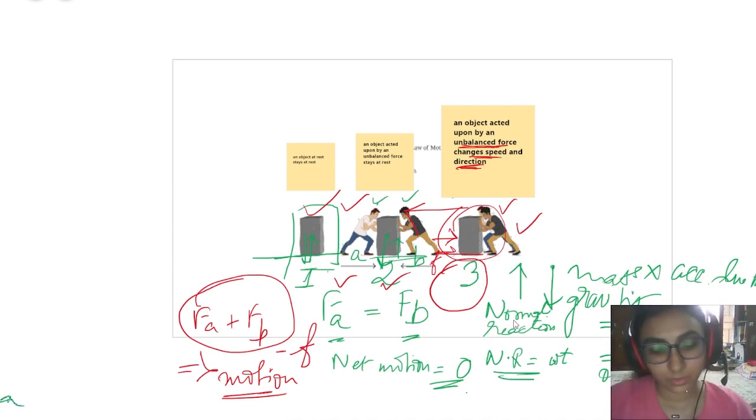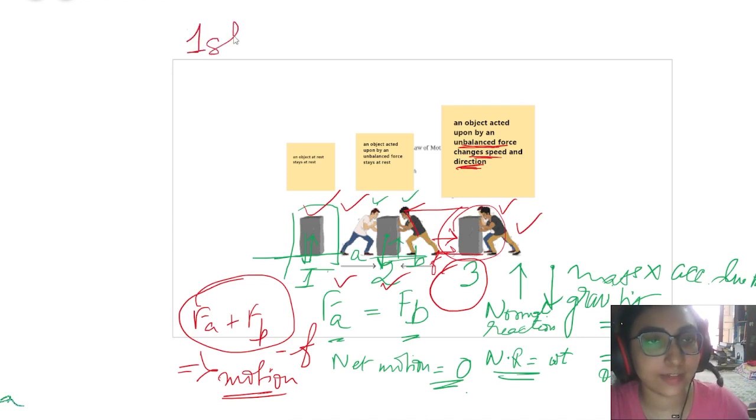So with this, we can start discussing the laws of motion. By now, I think it's clear to you guys what a force is, and what a balanced force and unbalanced force are. So let's talk about the first law of motion.